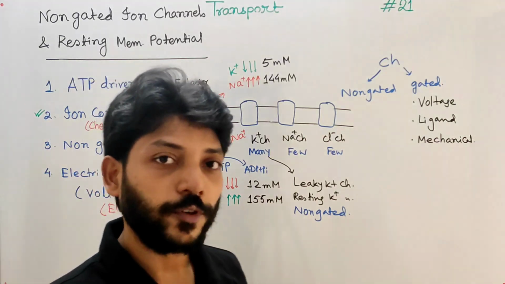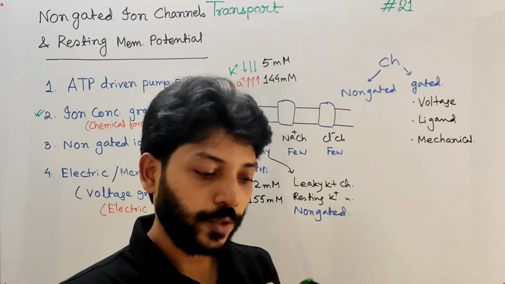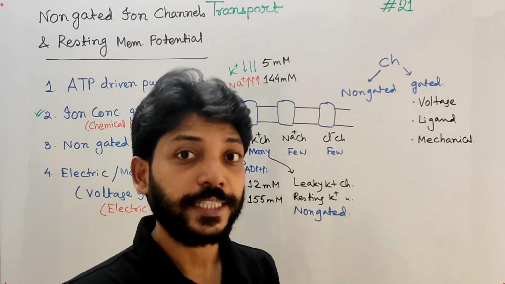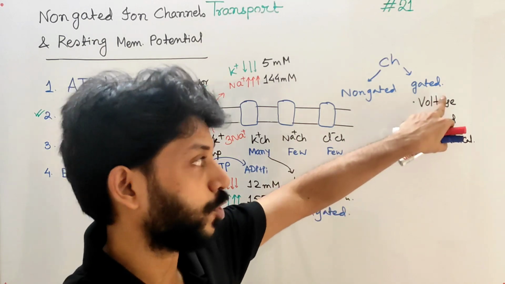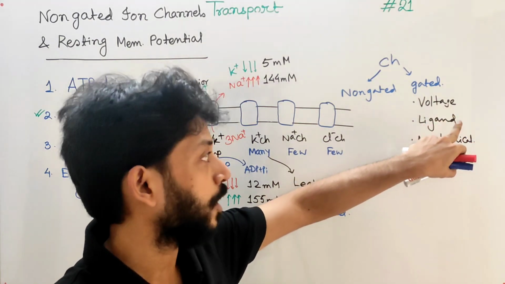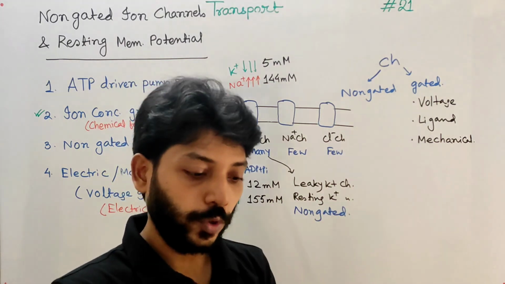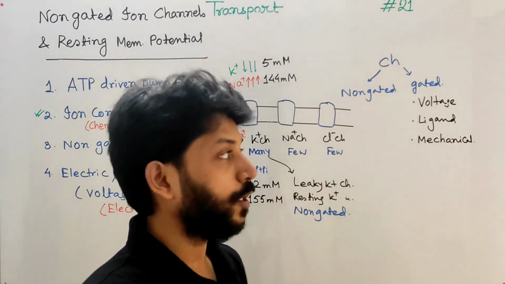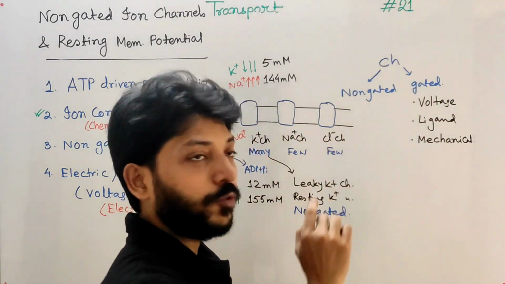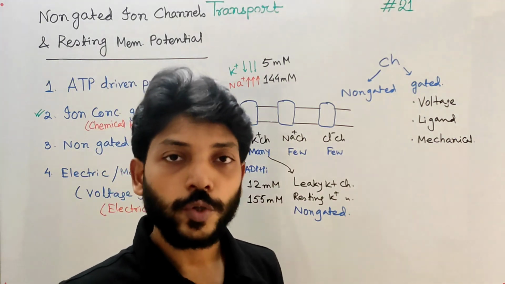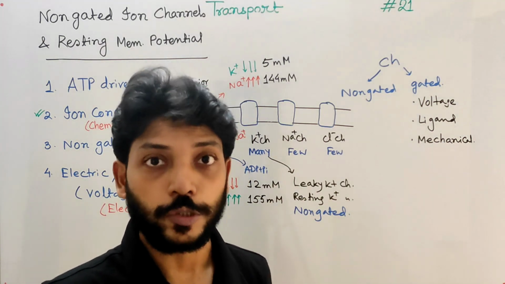Now what happens for the gated channels? The closing and opening of the channels depends on an outer force, like a voltage change, the binding of a ligand, or mechanical stress. But in the case of non-gated ion channels, no external force is required.